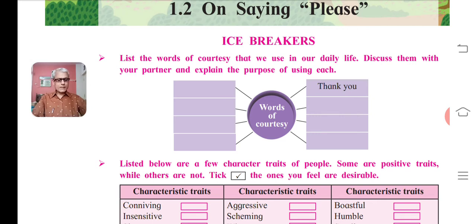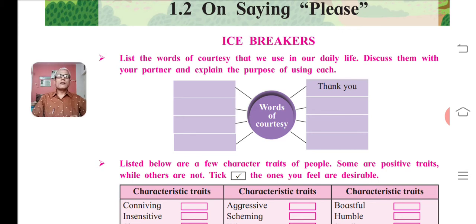Another phrase is how are you. The purpose of these words is when we meet someone. Other words of courtesy: I am fine, thank you. The purpose of these words is when someone asks us how we are.